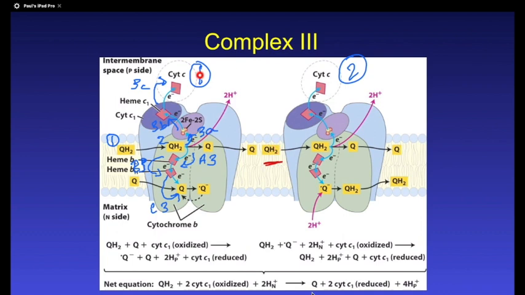I have 2 electrons that go to the next step, and 2 electrons are regenerated into a QH2, which becomes the pool that was there. All right. This is how we can cycle in and bring in a 2-electron carrier, send only 1 electron to be carried, 1 electron to be held for a moment, then we send in another, 1 gets sent to the other, and 1 gets regenerated as QH2.